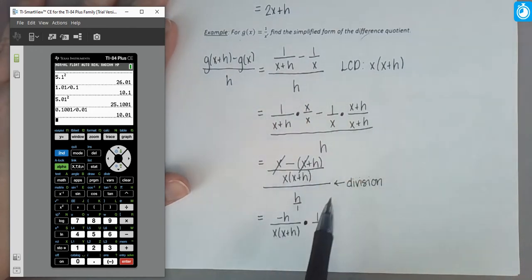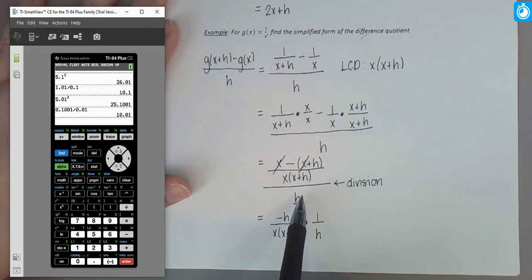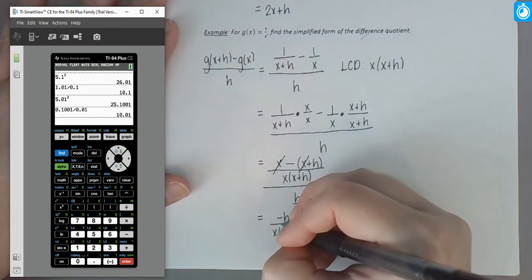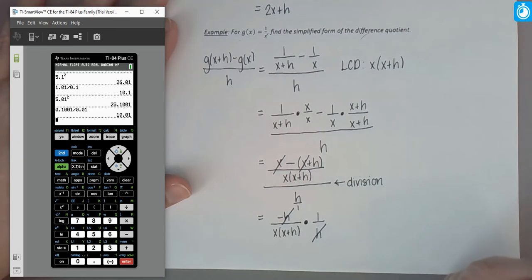Here, here, here, here. And then when we convert it to multiplication, this is now that particular h. But the benefit of once we convert to multiplication is, notice we now have something where we can cross out along the diagonal. We have common factors. So there's a common factor of h in this numerator and h in this denominator. So they divide out and reduce to 1.